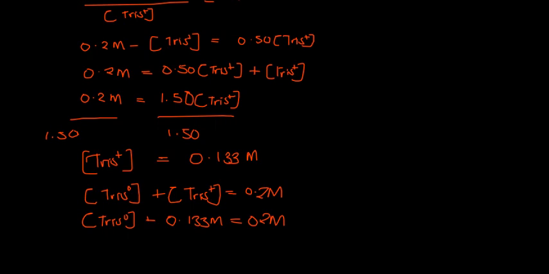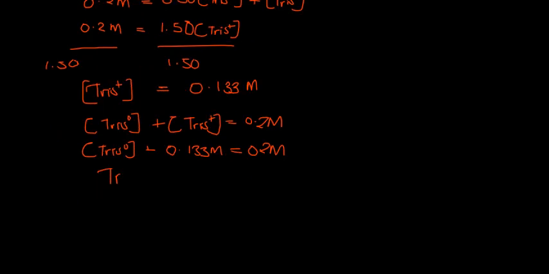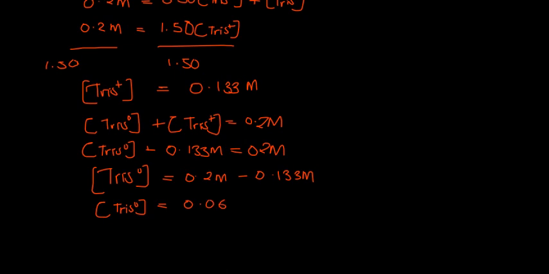Okay, so that will give us the conjugate base equal to 0.2 molar minus 0.133 molar. So the concentration of the conjugate base will be 0.067 molar.